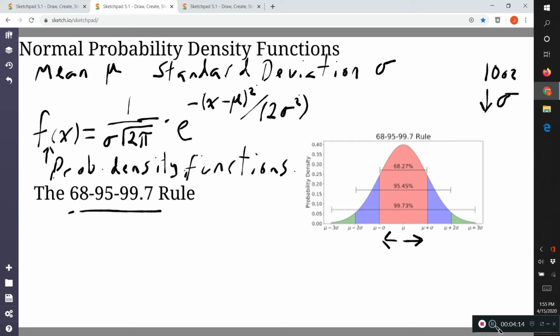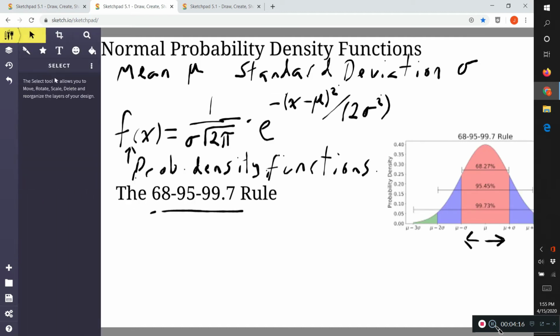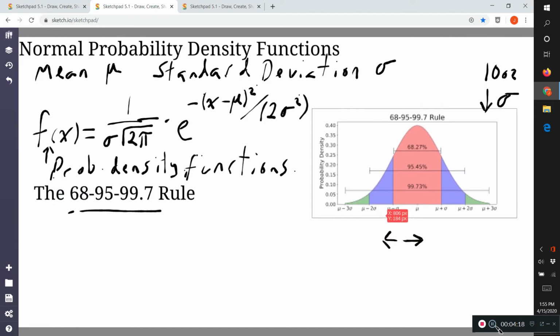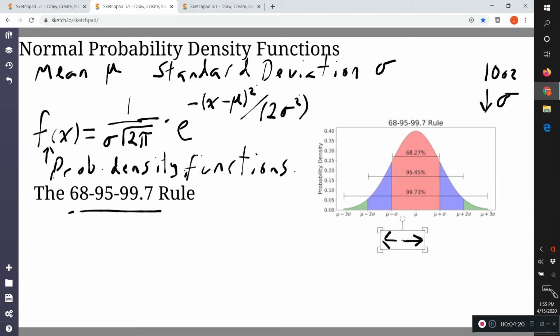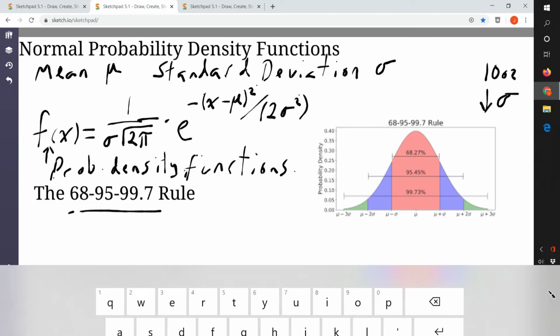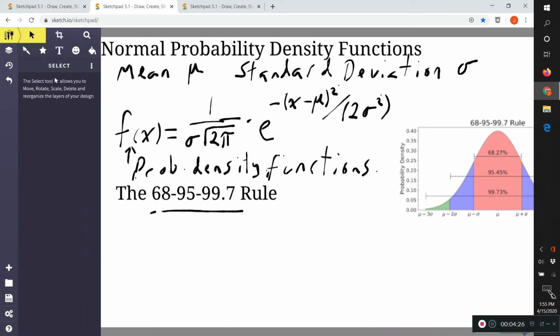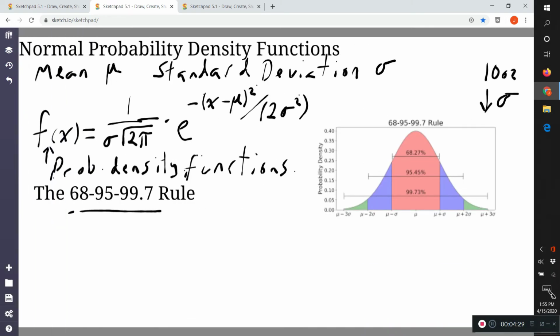So if we look at, I'm going to clear this real quick. If we look at this right here, the center of the graph is always at the mean, is always at the average. And then you'll notice that on each side it says mu plus sigma and mu minus sigma.